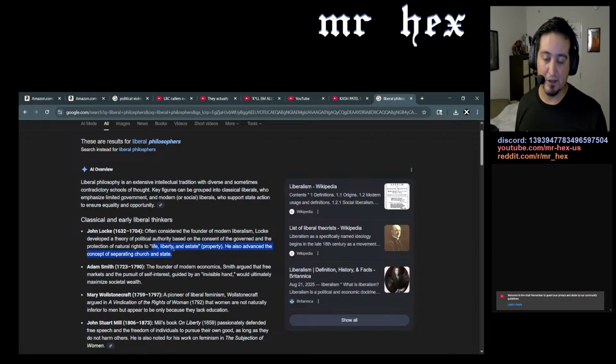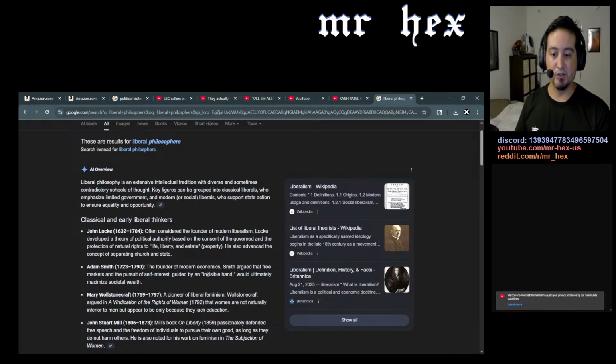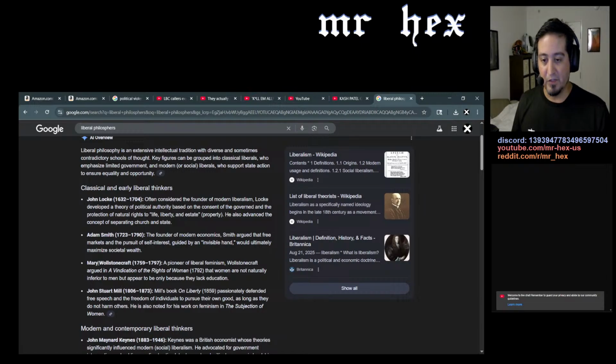It says right here from John Locke. John Locke is considered the founder of modern liberalism. Adam Smith, The Wealth of Nations, this idea of free trade, of private property, of mutually beneficial economic arrangements. I haven't heard of this Mary Wollstonecraft, but okay, liberal feminism.